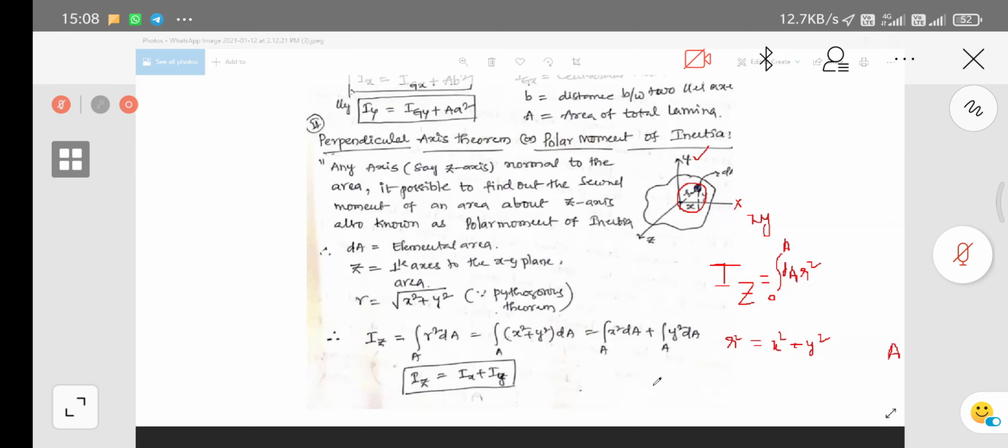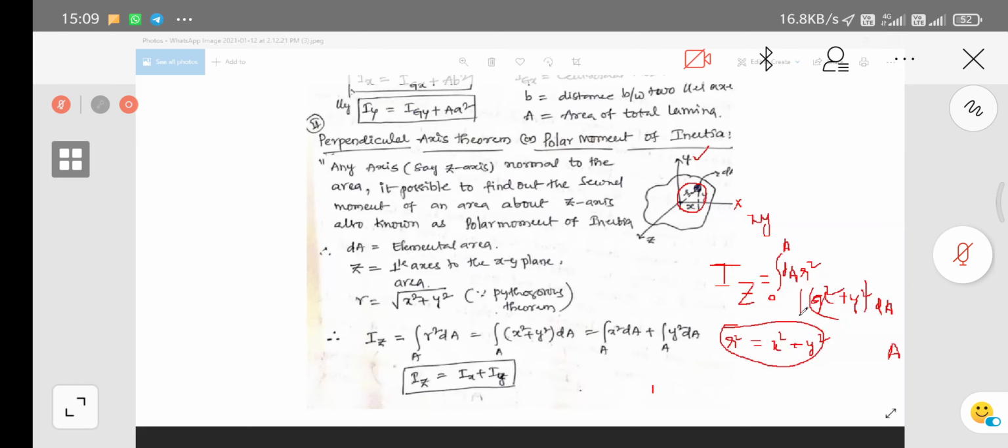So putting this in the above formula, we replace r square with x square plus y square, into dA.